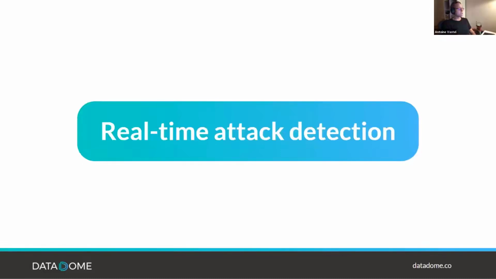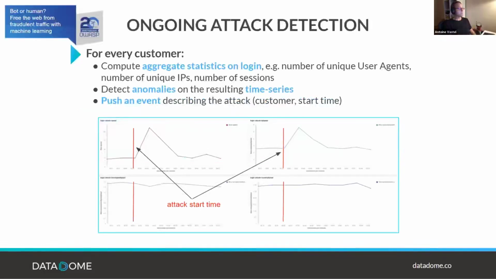So first, let's look at how we detect ongoing attacks in real time. So for every customer, we monitor a set of aggregate statistics on the login endpoint. For example, on the login, we will monitor the distinct number of user agents, the distinct number of IP addresses, of countries making requests on this endpoint. And we will apply outlier detection on this time series.